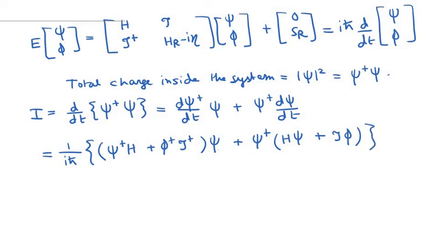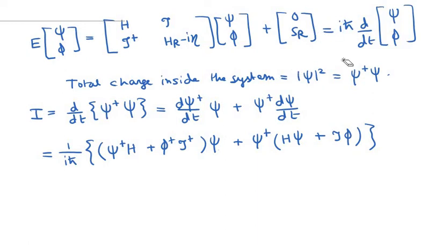Another thing we need to keep in mind is that if we take the complex conjugate transpose of both sides of this equation, a minus sign would creep in, because i would become minus i.